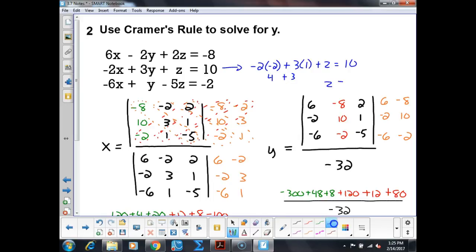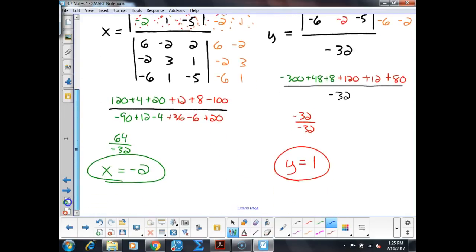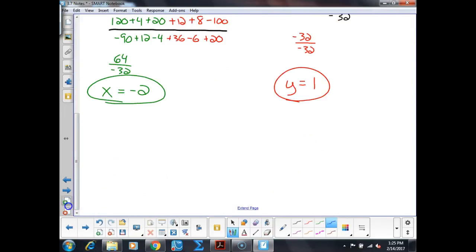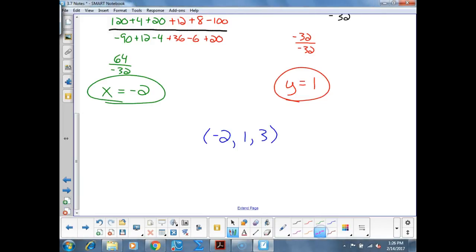So z then is 3. Okay. So the solution to this system is negative 2, 1, and 3.